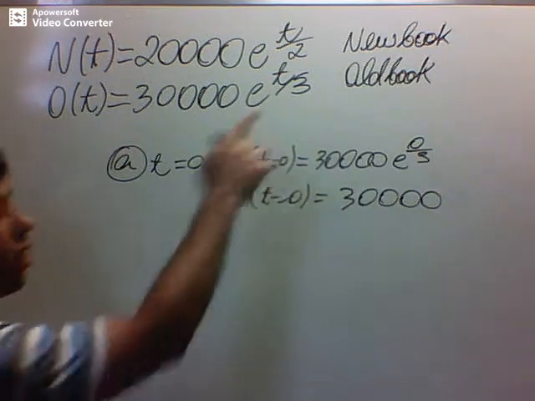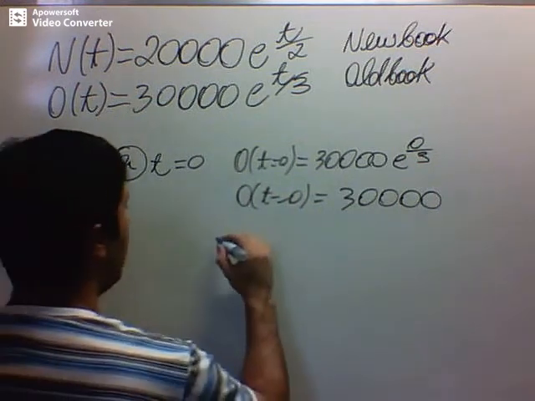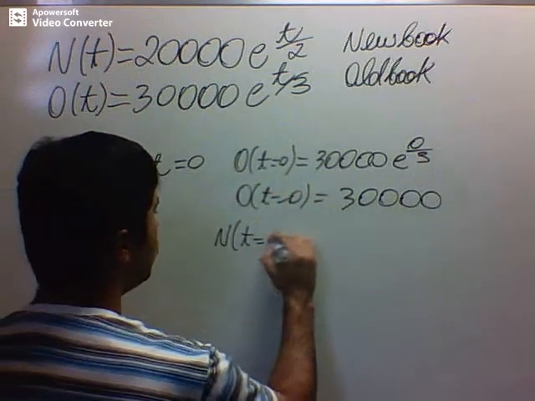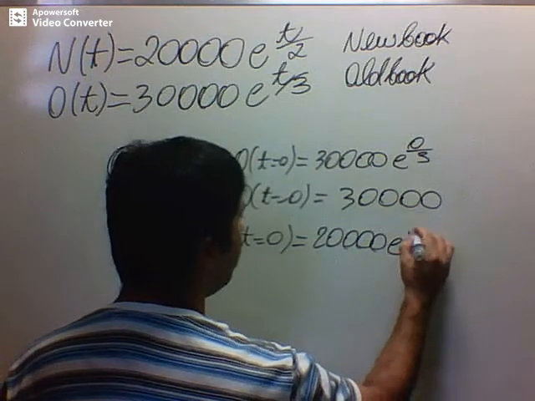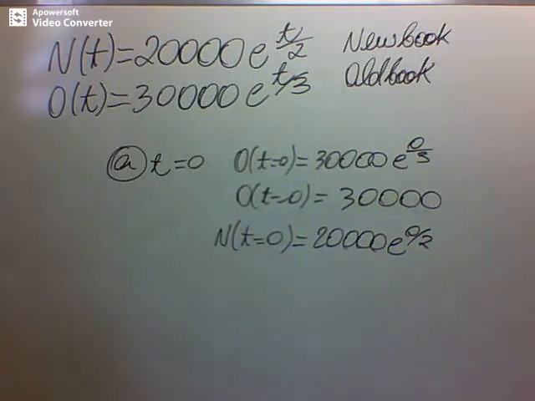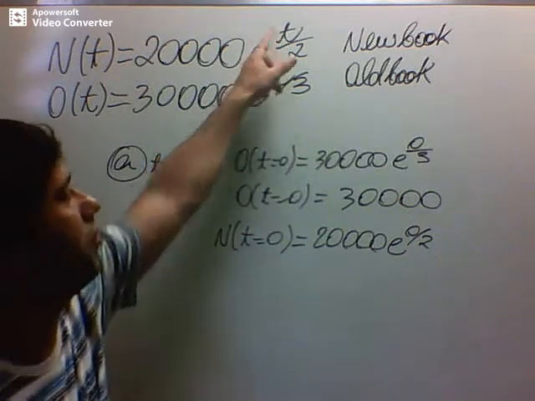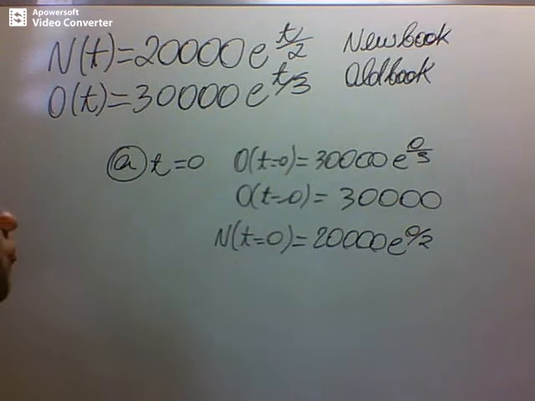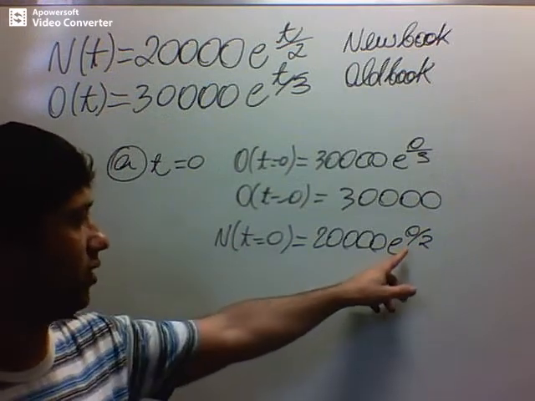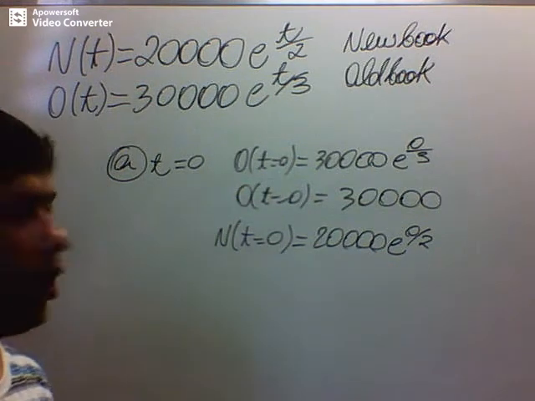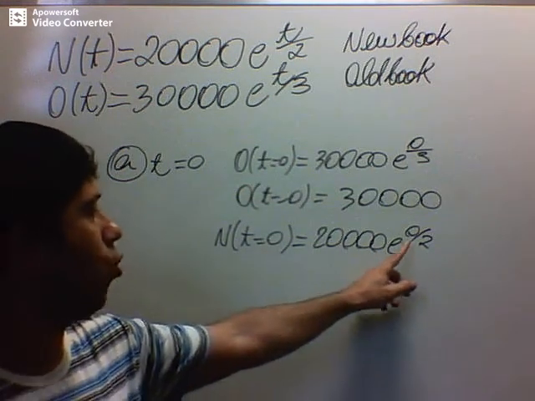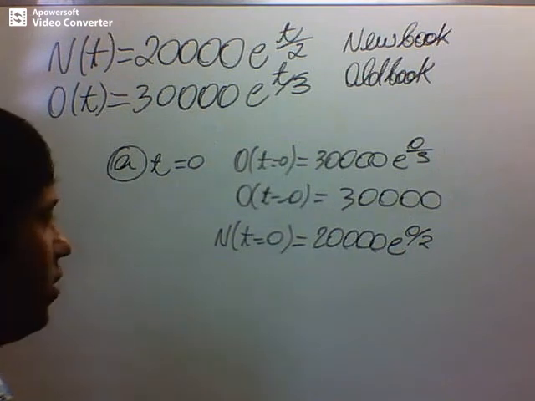Now I want to calculate the same for New Book. For New Book, t equal to 0, it's going to be 20,000 times e to the 0 divided by 2. Isn't that the way we calculate the initial value of the social media platform? We just put 0 in the place of t, and we find that every number raised to the power of 0 is equal to 1, and 1 times 20,000 is indeed 20,000.